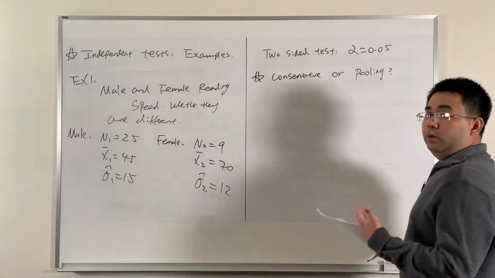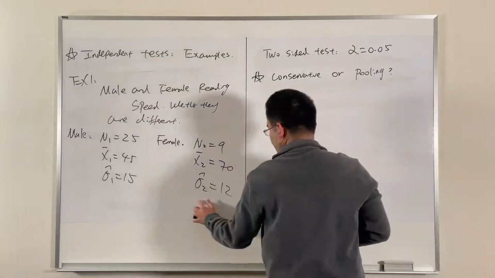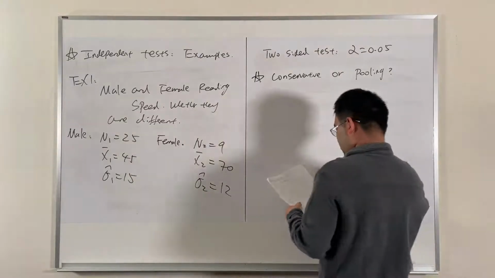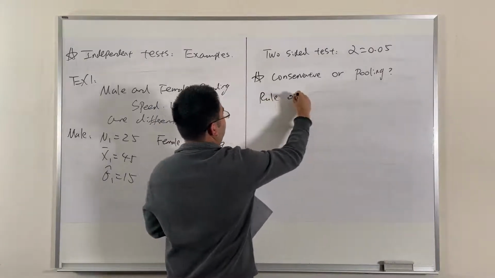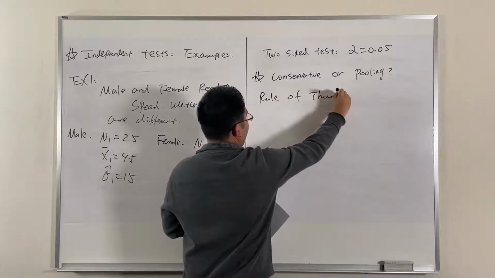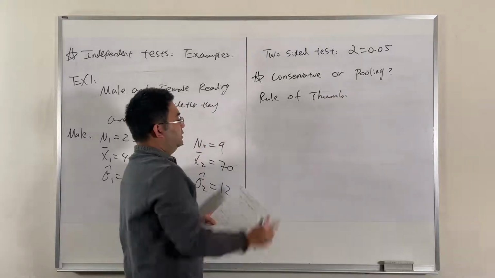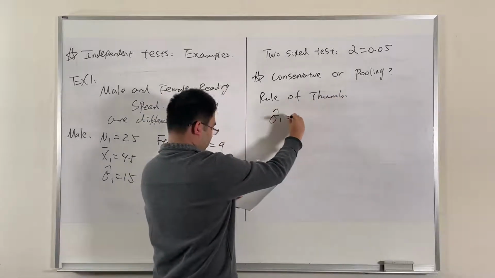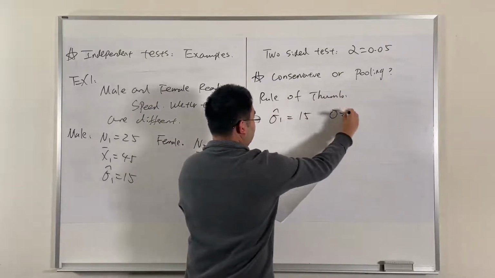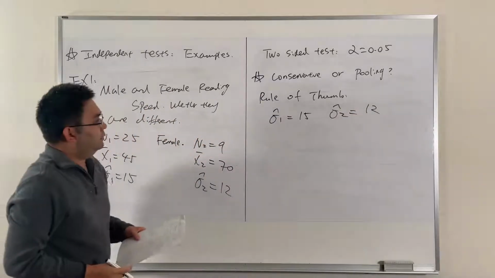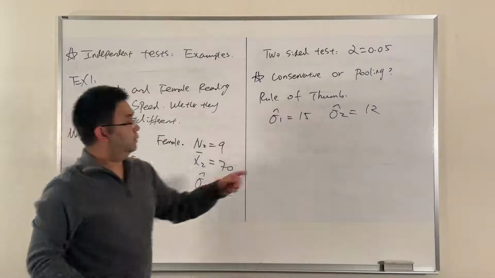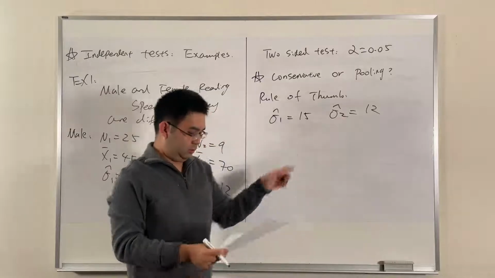Then we have to use our rule of thumb and compare these two standard deviations. Our sigma 1 hat equals 15, sigma 2 hat equals 12. Let's first double this one and then double this one.